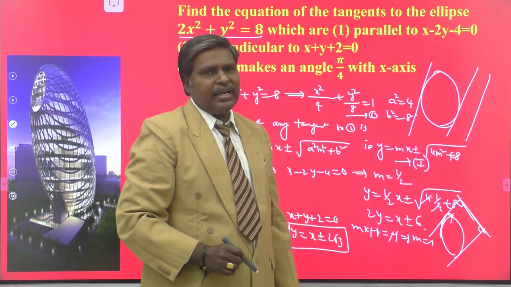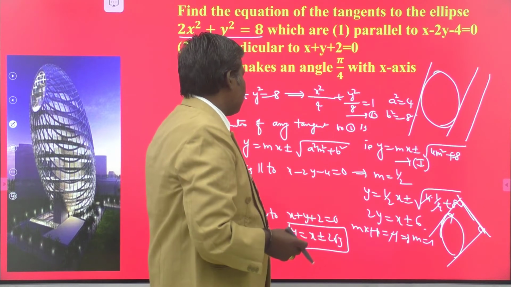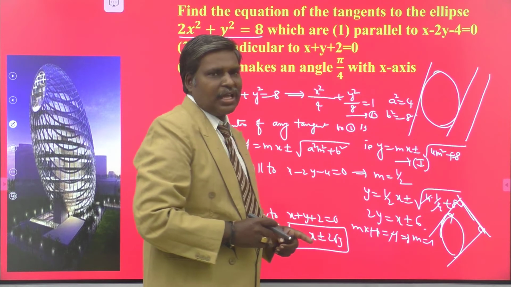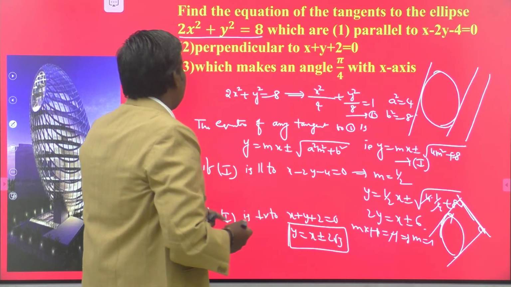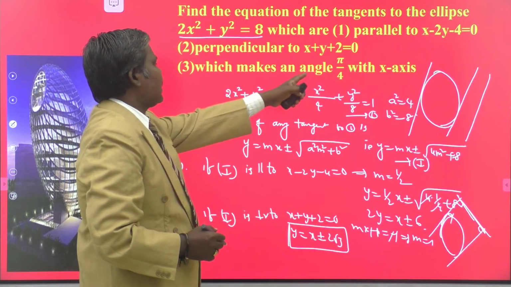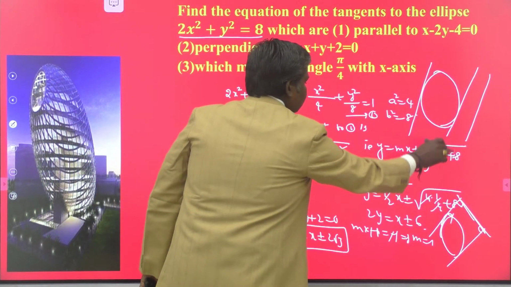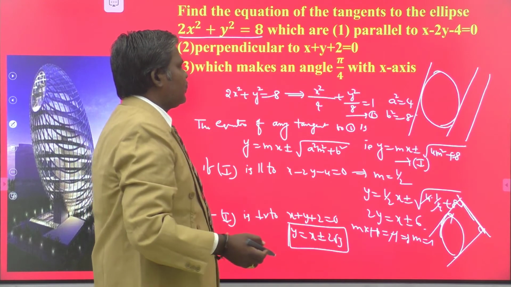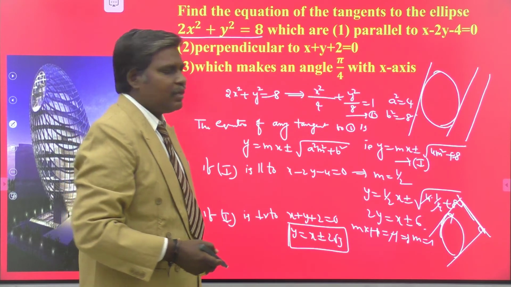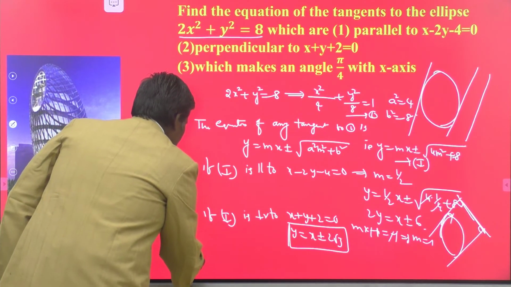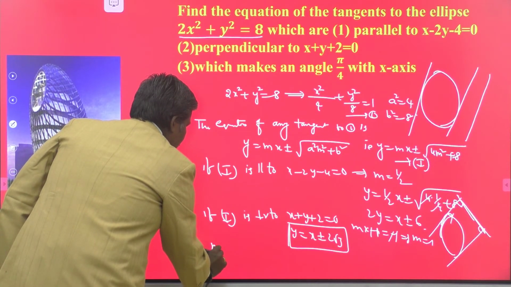So the only condition here is that the product of slopes is minus 1. Here the slopes are equal. And what is the third way? The tangent which makes angle pi by 4 with the x-axis. Suppose it is your required line that makes an angle pi by 4 with the x-axis. We mean m is equal to 1, since tan 45 is 1.